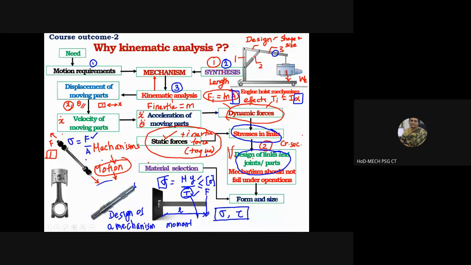Now, do you understand the importance of acceleration analysis? This is particularly important for mechanisms because they are dynamic systems, because motion is the most important aspect of mechanisms.